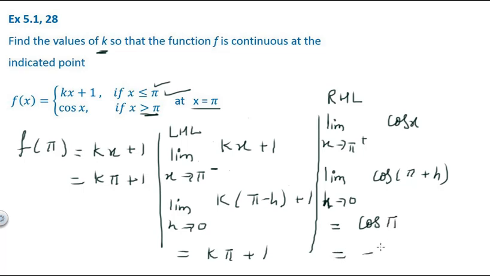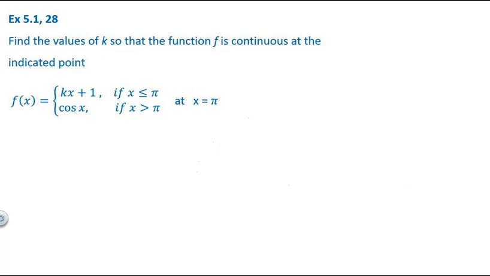Putting h equal to 0, we get it as cos pi, and we know cos pi is equal to -1. Now we know that the function is continuous at this point. We can equate our LHL and RHL. Let us do that on a separate sheet. So equating LHL and RHL, this we are doing according to the question. So we are getting what?